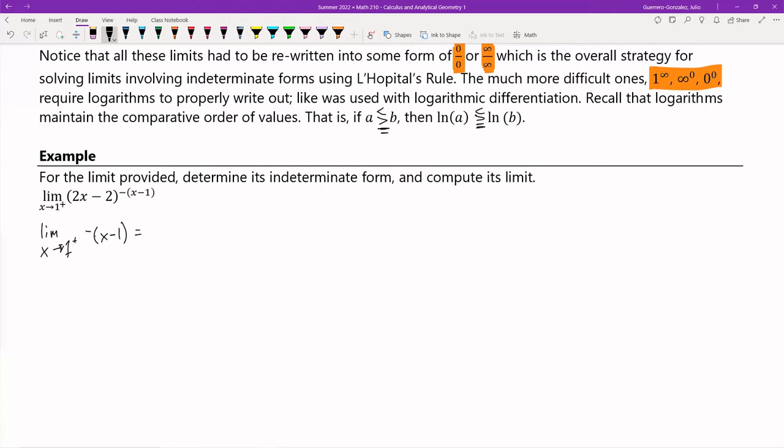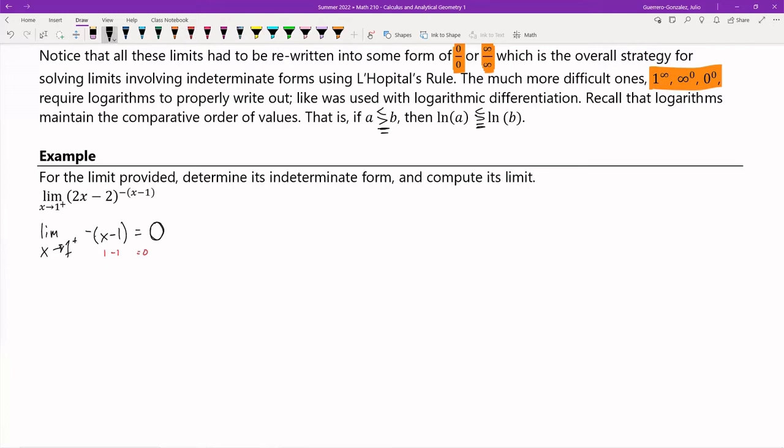And if you take a look at that, if it's approaching 1, then this is going to be 0, right? Because this is essentially going to become 1 minus 1, which is equal to 0, right? So the limit of just the exponent is 0.